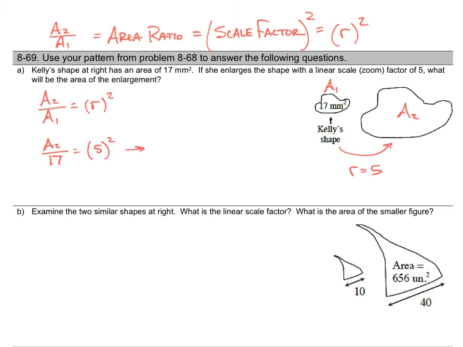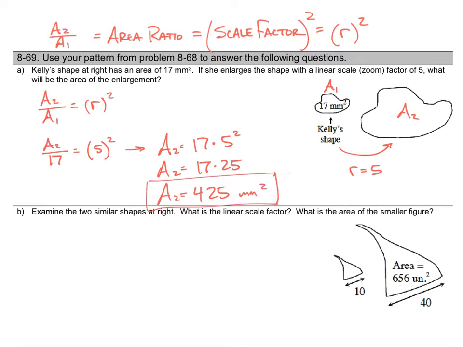So A2 equals 17 times 5 squared, which is also 17 times 25, and that is 425. Now, all good math students include units on answers where appropriate. So that's 425 millimeters squared, because that's the units of area on Kelly's original shape.